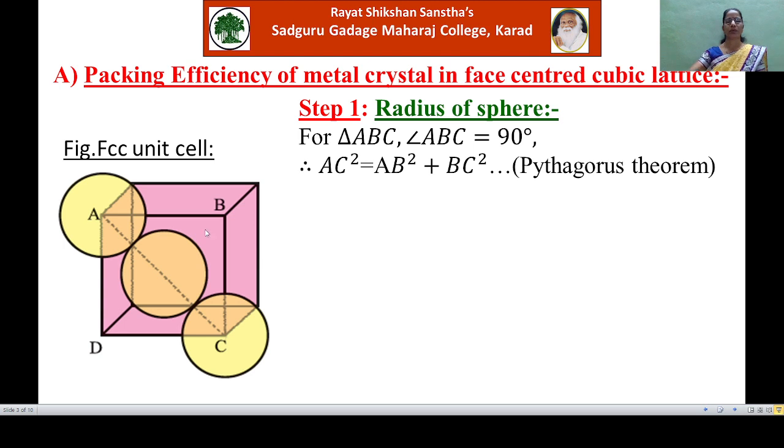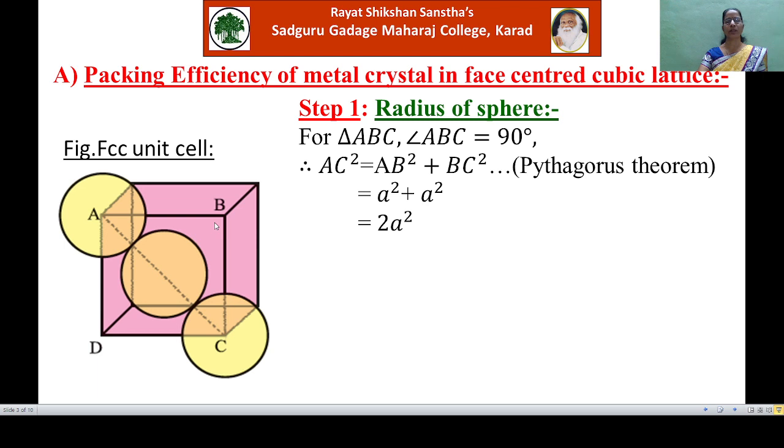With the help of the Pythagoras theorem, we can write AC square is equal to AB square plus BC square. And we know that AB and BC are the edge lengths, and they are denoted by the symbol a. Therefore, we can write AC square is equal to a square plus a square, that is equal to 2a square.